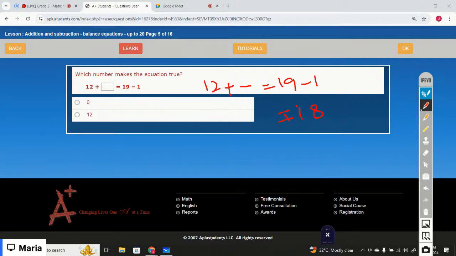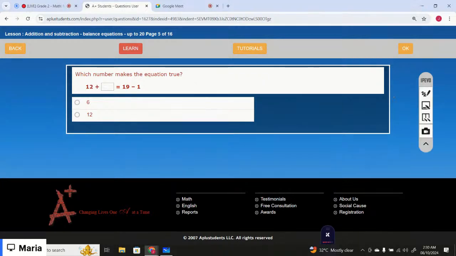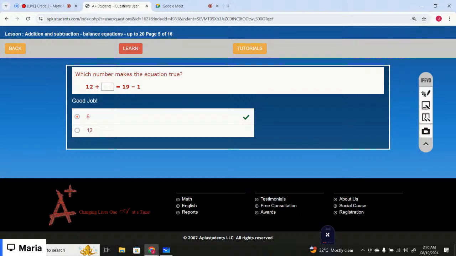So which is the correct option? That is 12 plus 6 makes 18. Yes, option number 1 is the correct option. That is 6. Option number 1 is the correct option.